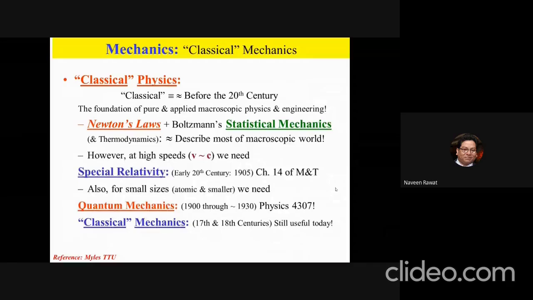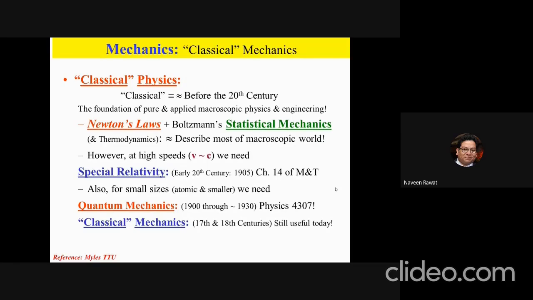In the introductory lecture, I had talked a little bit about the different fields of physics and how they evolved over time. The field of mechanics, which comes under classical physics, is basically the foundation of your pure and applied physics.